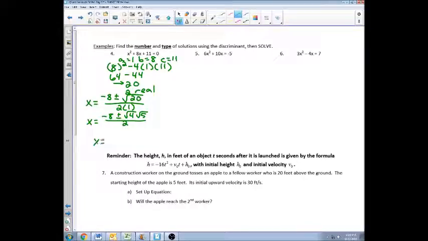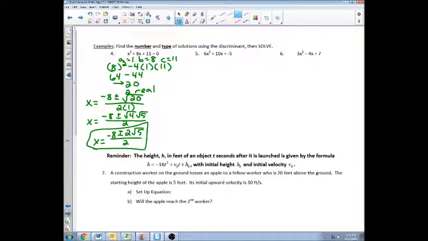So x equals negative 8 plus or minus 2 root 5 over 2. That is the farthest I need to take that, because I will not be able to simplify that any further, or combine the negative 8 and the 2 root 5. All right.